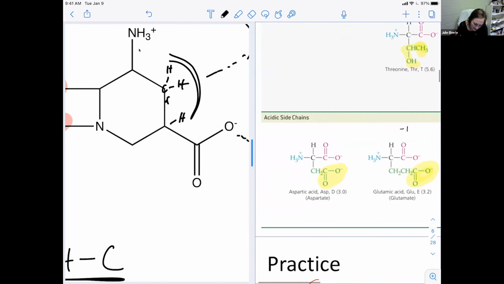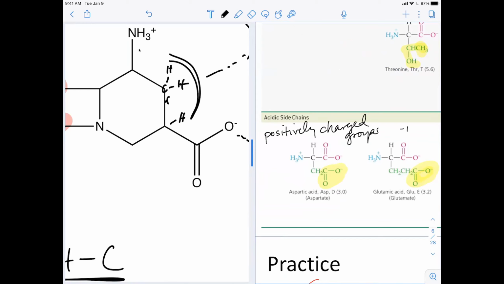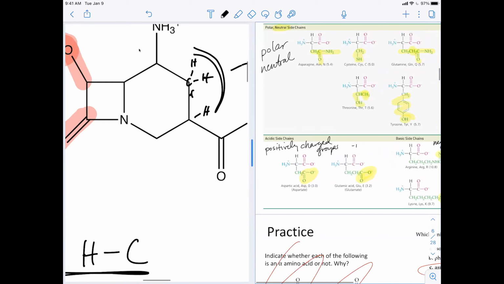Acidic side chains carry negative charges, so they are attracted to positively charged groups. Okay, are you still confused, Robin? I got the positive and negative down, and I got that the polar can only attract to polar neutral groups, and the non-polar can only interact with non-polar groups. They can only interact with themselves besides the acidic and basic.